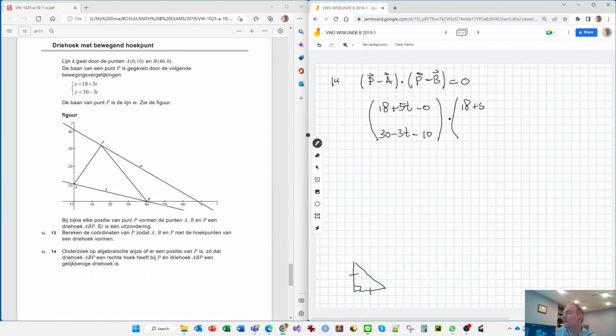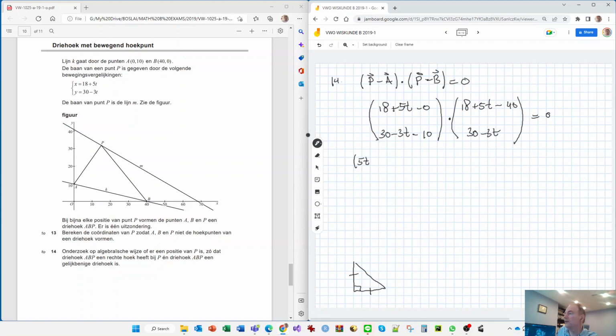Again, I get my Px, but now there I have a 40, and I have my 30 minus 3t. Well, if that has to be 0, that means 18 plus 5t times, actually, right, doesn't matter, but I prefer to put the t's in front.